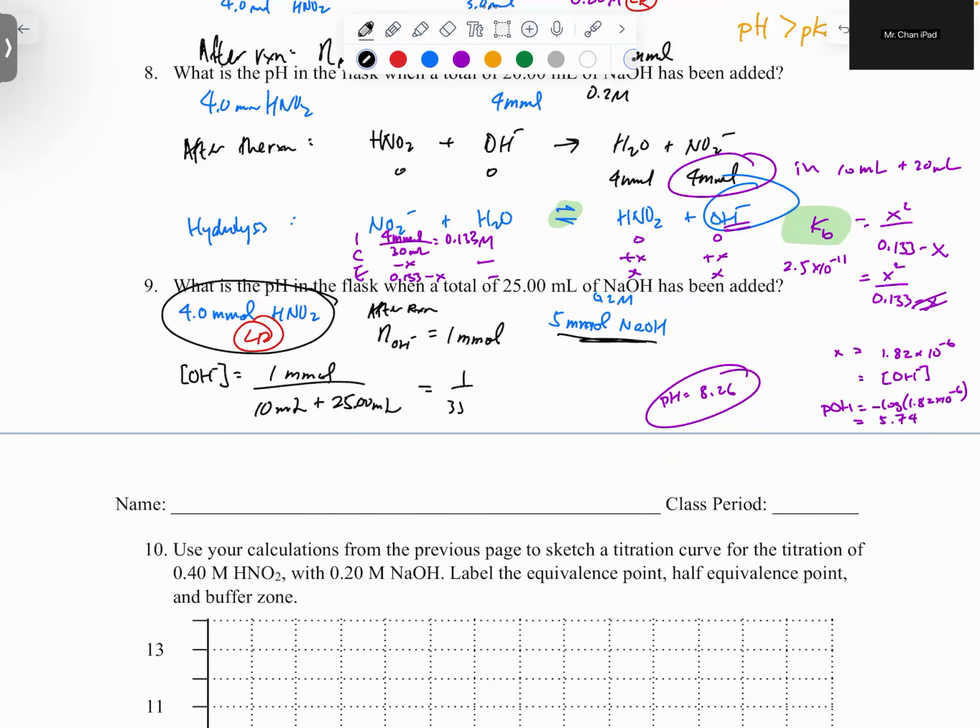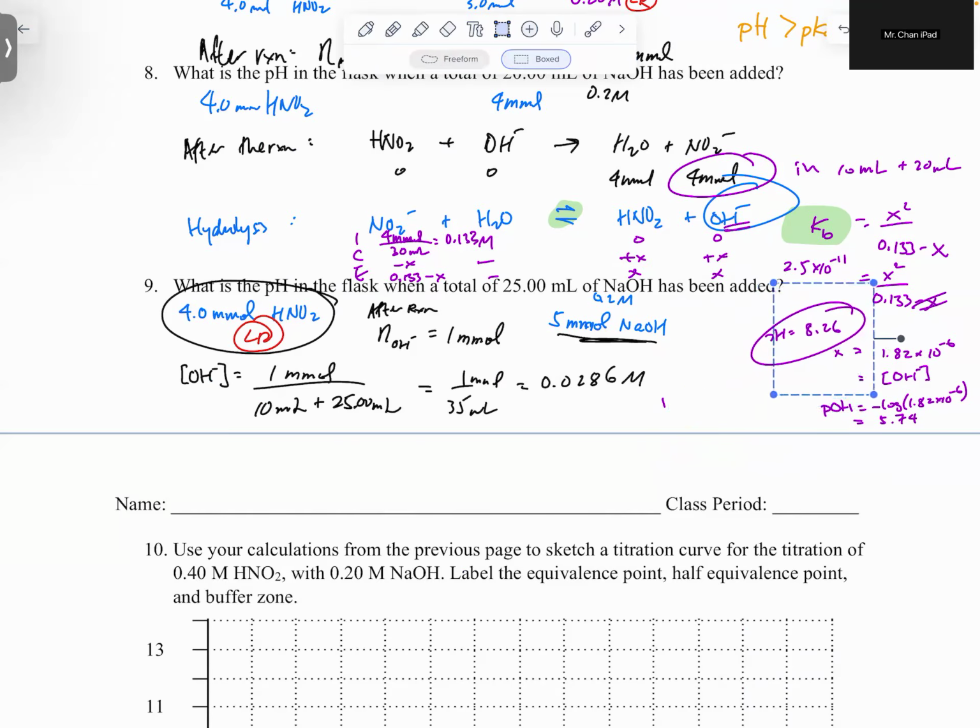So 1 millimole over 35 milliliters. 1 over 35 is 0.0286 molar, and that's the concentration you use to find the pOH, which is the negative log of this number, and that is 1.54.